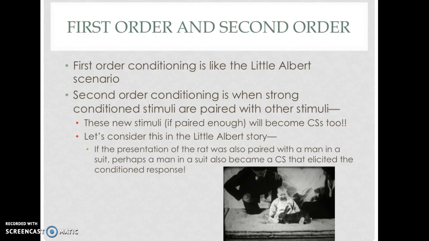If we look a little deeper into the Little Albert scenario, we can see how second order conditioning could have occurred. If the presentation of the rat as a conditioned stimulus elicited the emotional response, what if the rat was then paired with the experimenter? Could the experimenter then become a conditioned stimulus too?